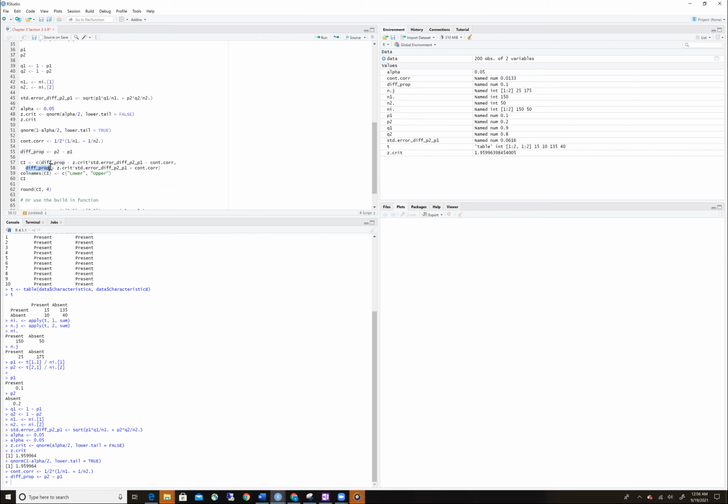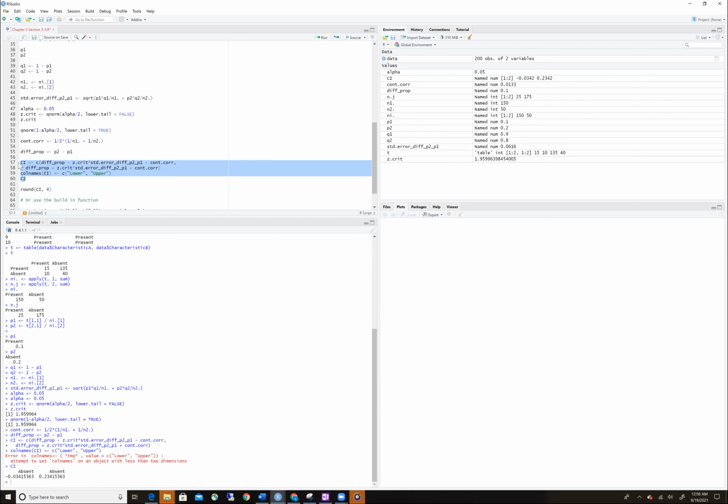Or we take the point estimate, which is our difference of proportions, add the critical value times the standard error, plus the continuity correction. I'm giving the column names of CI lower and upper, because that's telling me the bounds of my confidence interval. And here I get the confidence interval, negative 0.034 up to 0.235. And that's the same as what's given in the book as well.